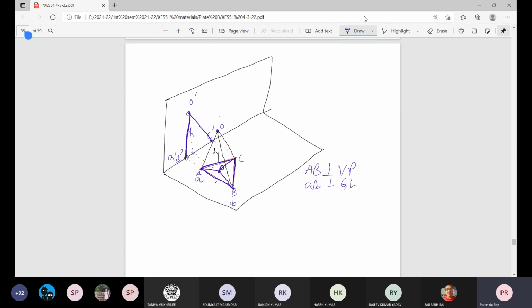For OA, OB, OC, this is OA, this is OB, this is OC. And in elevation, this is the plan of O, so the corresponding elevation of O will be here. This line is OA, this same line is OB, this line is OC, and here on the base we have AB, BC, CA. From A to B, this line is overlapped as a single point, then B to C and C to A.